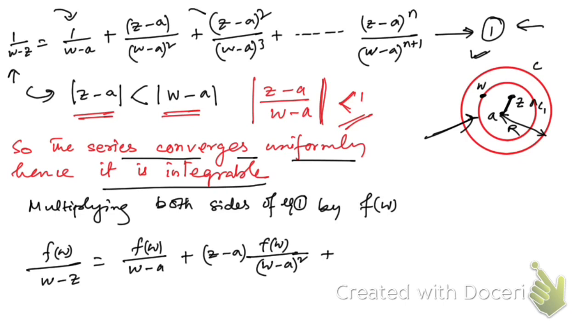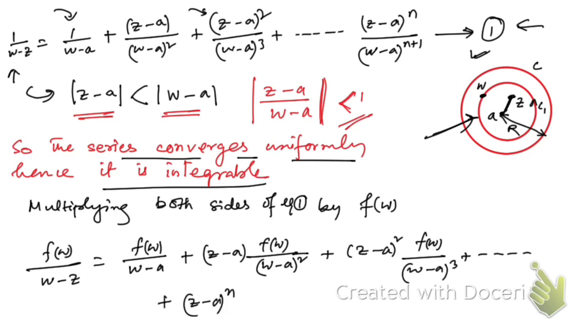And similarly, you're gonna get z minus a whole square, f of w by w minus a whole cube, and so on. And here you're gonna have z minus a whole to the power n, f of w by w minus a whole to the power n plus 1. That's what you're gonna have, and so on, right?